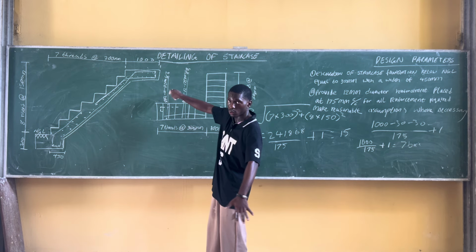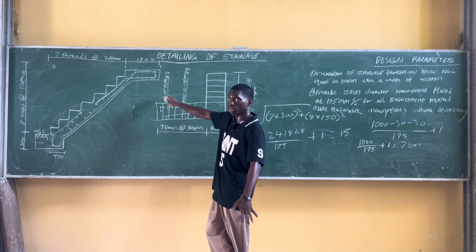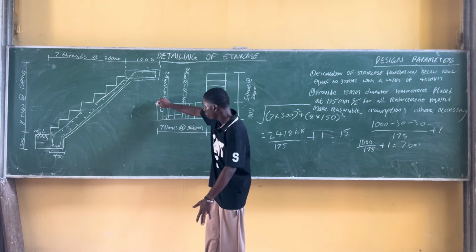That's why we got 7Y12 as this. You understand? It's spanning from here to here.